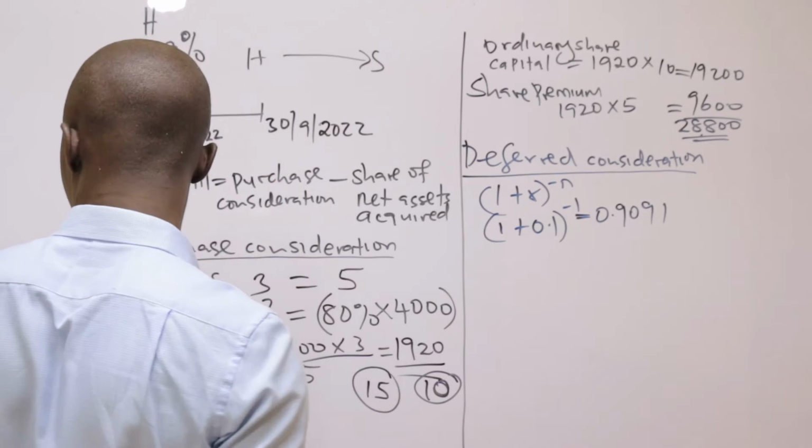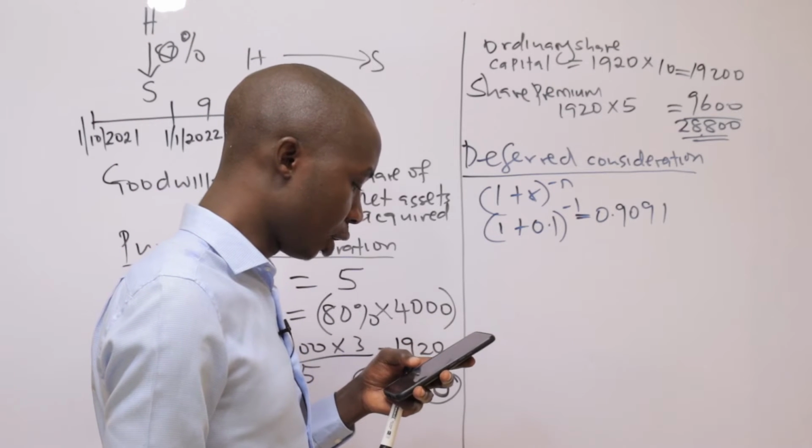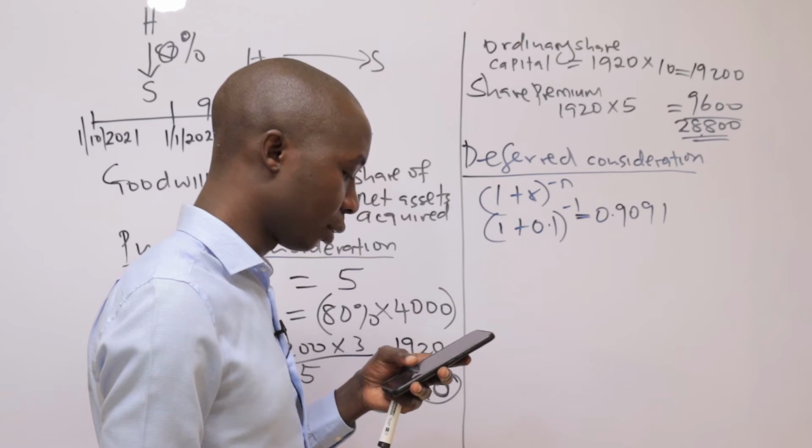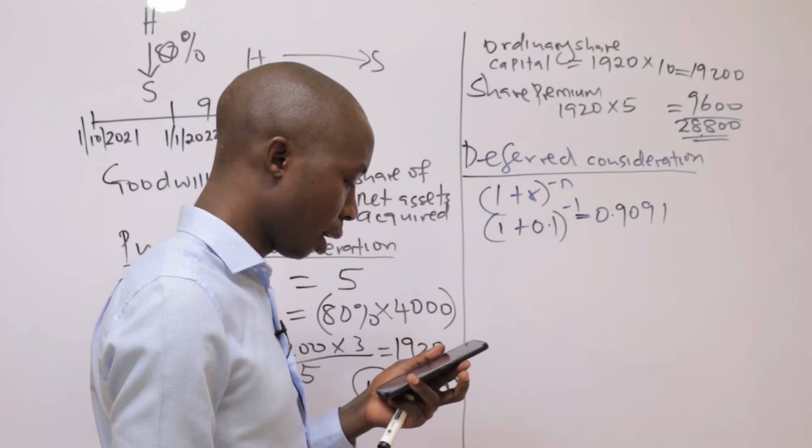Based on the question they said, additionally, H Limited will pay further consideration on 31st December 2022 of shillings 11 per share acquired.